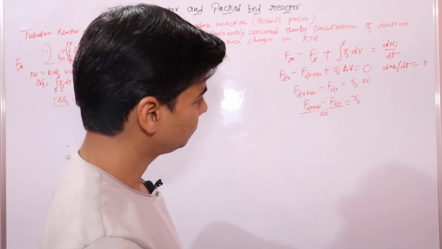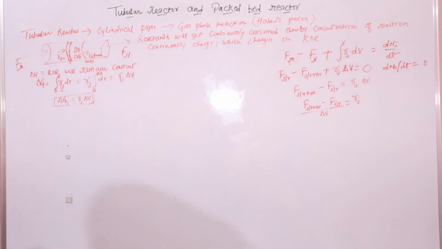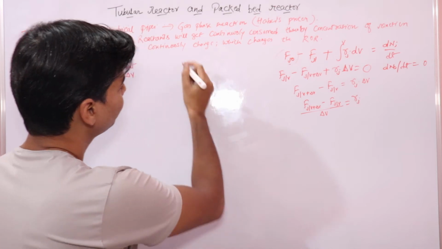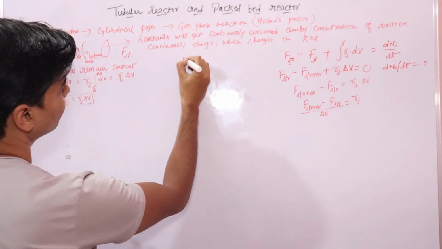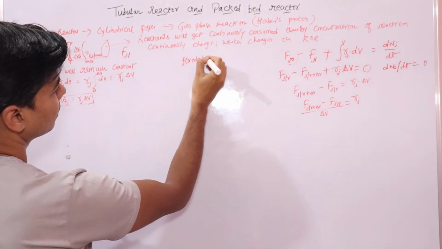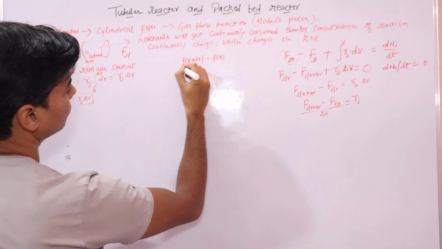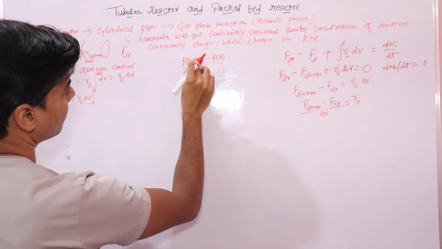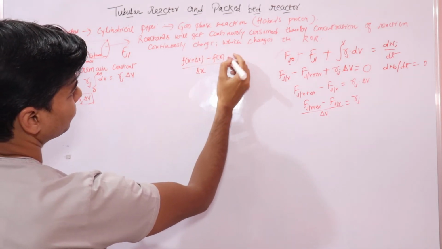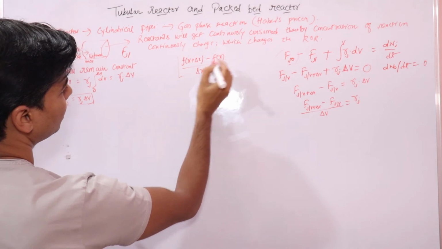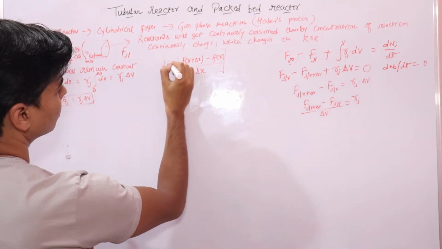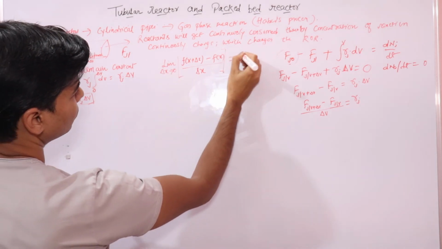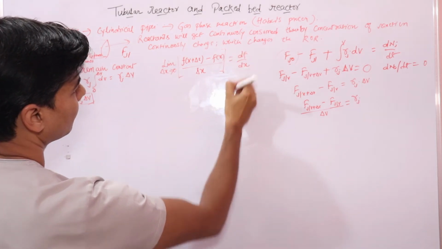Now from the definition of differential calculus, if you remember, F of x plus delta x minus F of x divided by delta x, if you apply the limit delta x tends towards 0, this would be df upon dx.